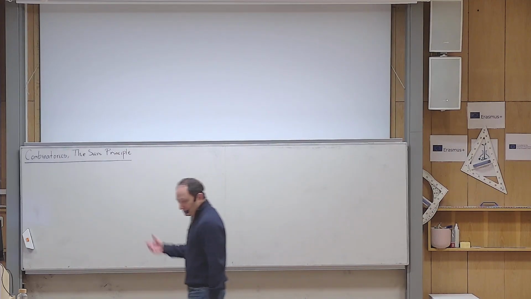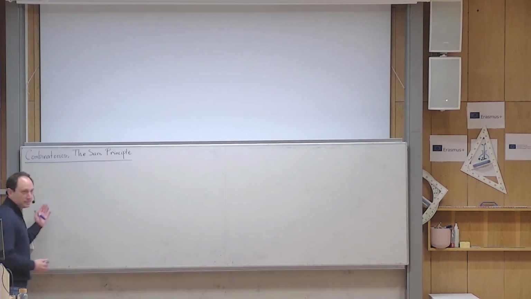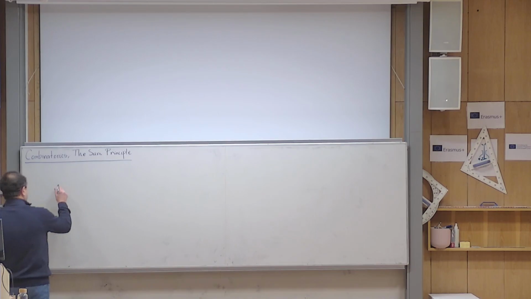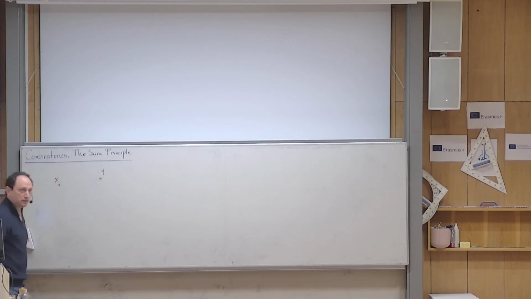Okay, but let me give an example here. Let us say that I have two cities, city X and city Y, and I want to go from X to Y. That's it. I don't want to return, like the example I gave you last time. I just want to go from X to Y, but there are 3 different ways that I can go there. I can take my car and drive.